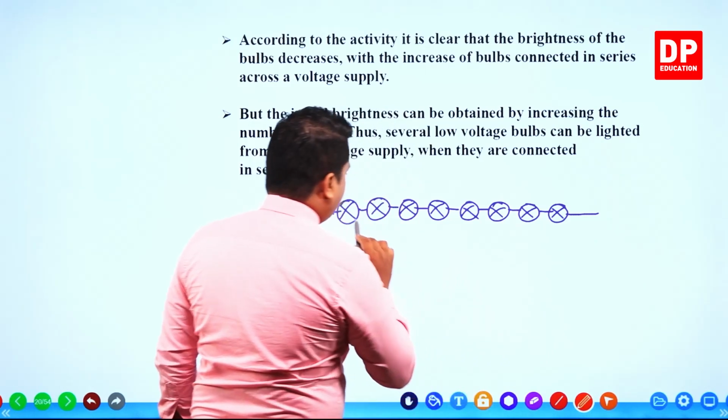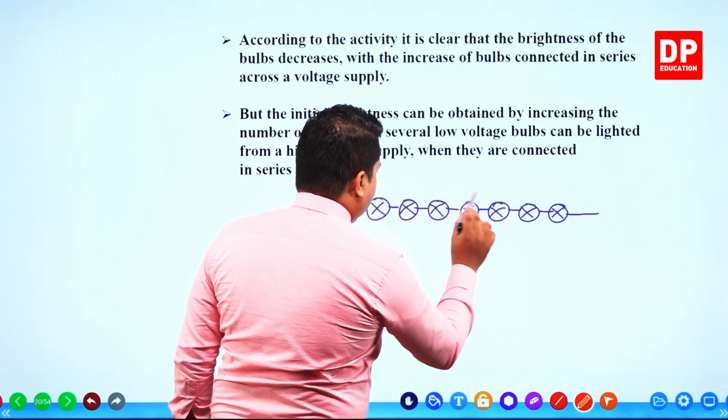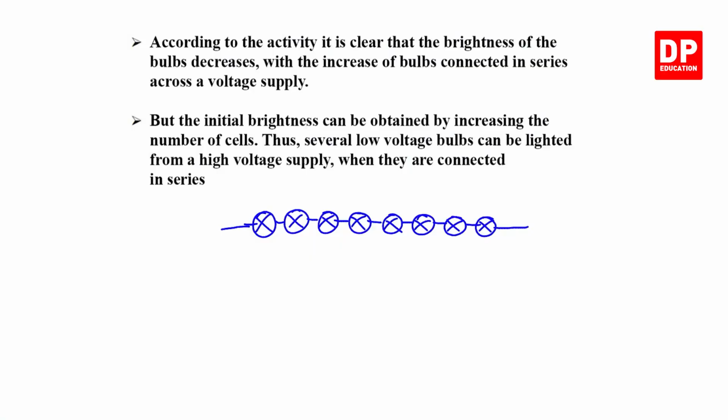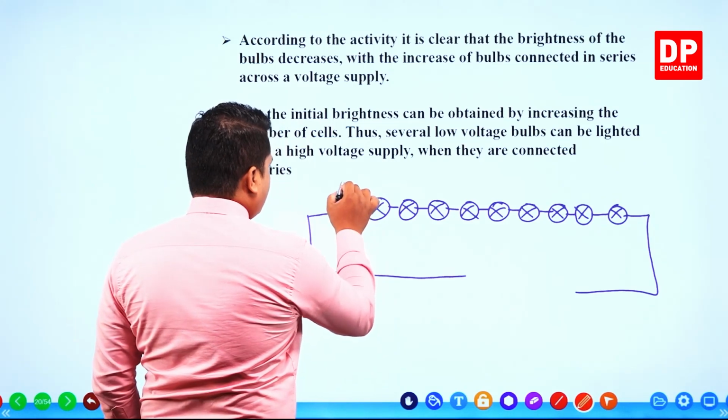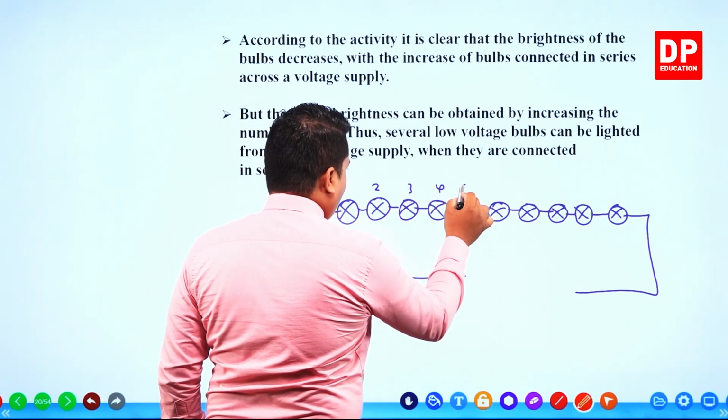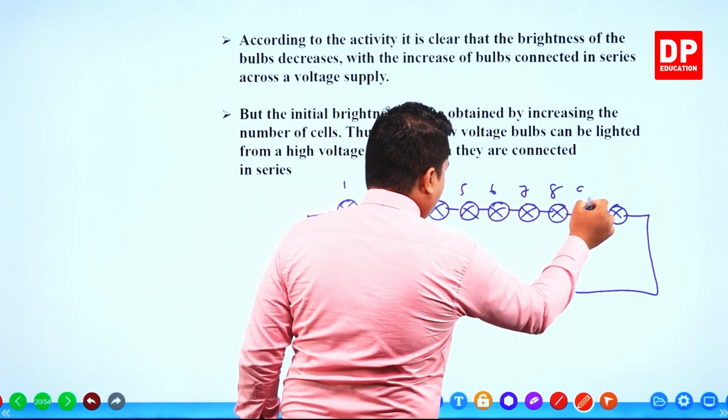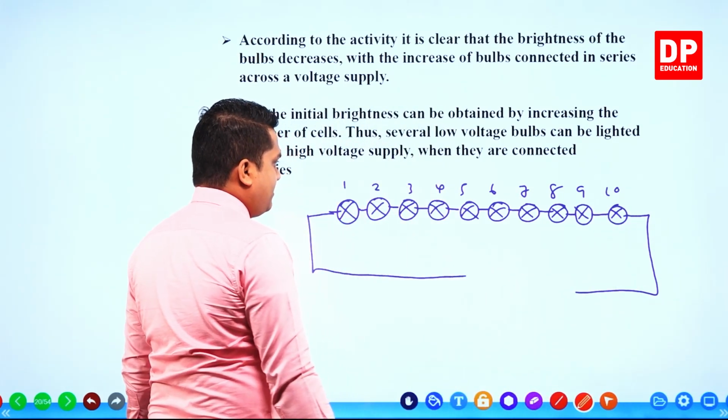There are 1, 2, 3, 4, 5, 6, 7, 8, we'll draw another 2 to become 10, 9 and 10. So this is my circuit now. There are 10 bulbs.